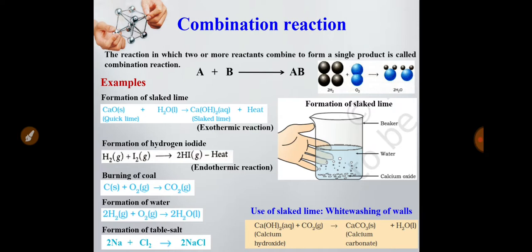This slaked lime solution in water is applied, and after some days it reacts with the carbon dioxide present in air to form calcium carbonate and water. This calcium carbonate formed is a shiny white compound which, after drying, remains glowing white, and the whitewashing of walls is carried out in this way. This is the practical use of slaked lime.